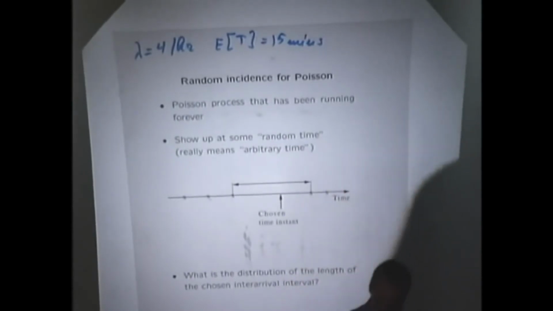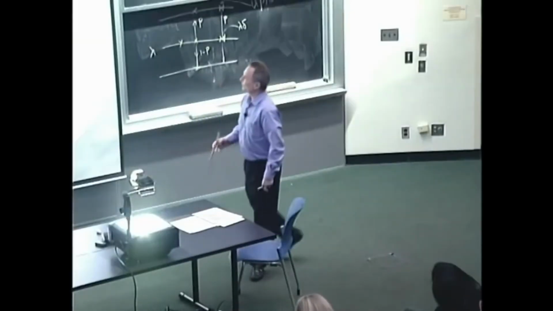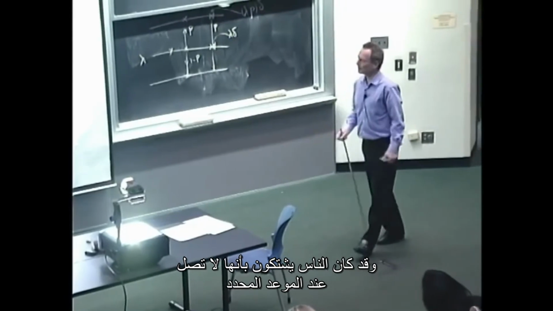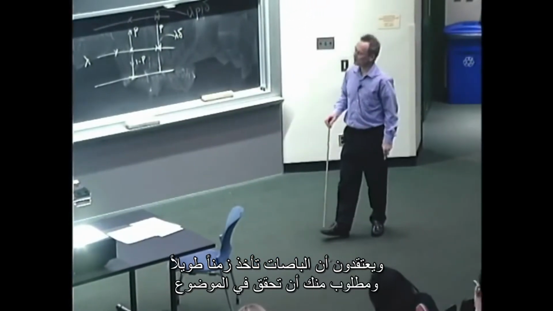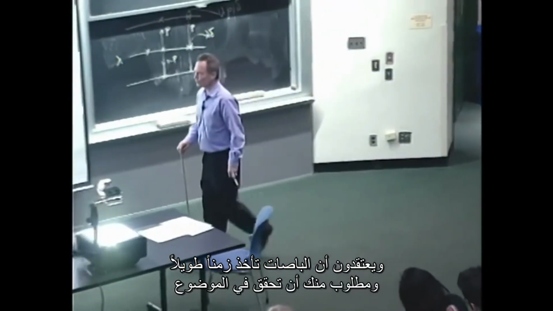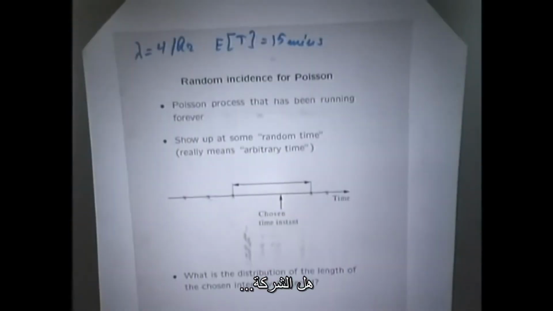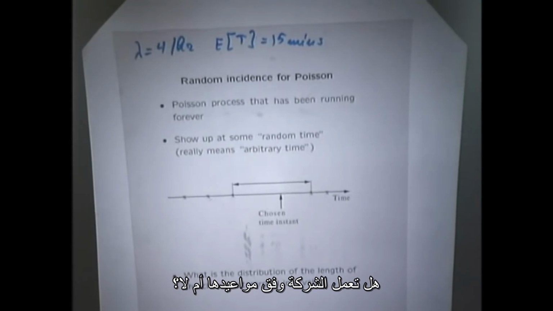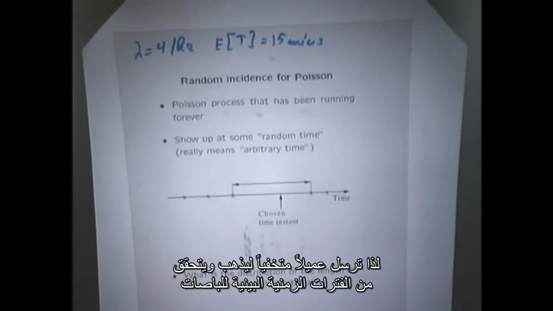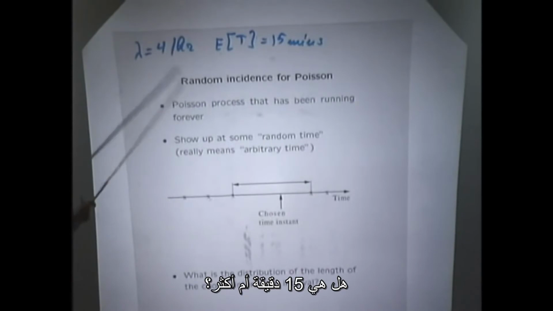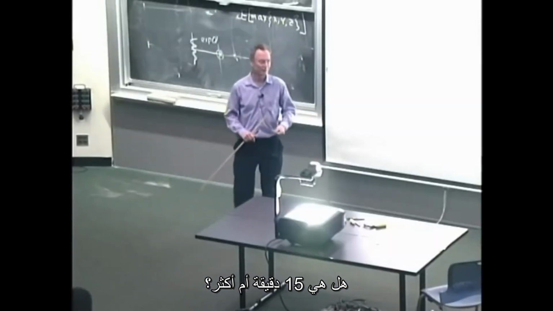All right. So people have been complaining that they've been showing up there. They think the buses are taking too long, so you're asked to investigate. Does the company operate according to its promises or not? So you send an undercover agent to go and check the inter-arrival times of the buses. Are they 15 minutes or are they longer?